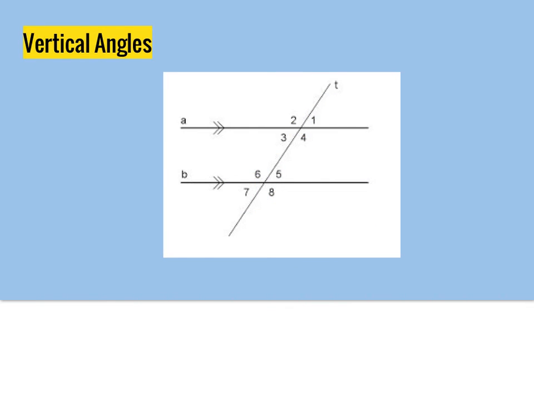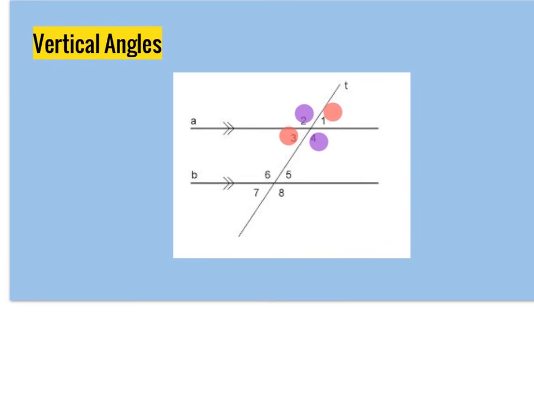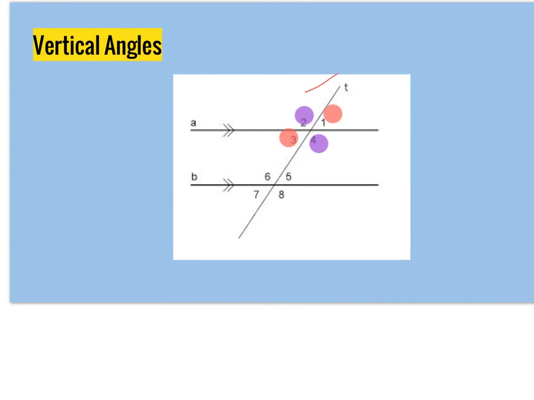Vertical angles, I like to think of them as opposite angles. They are on opposite sides of some diagonal lines. So for example, 2 and 4 are opposite from each other. Similarly, 1 and 3 are opposite of one another. Now, if I thought about my adjacent and my supplementary, I could figure out that when I add angles 1 and 2 together, I get 180 degrees.